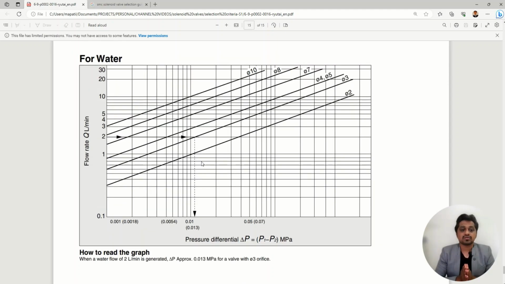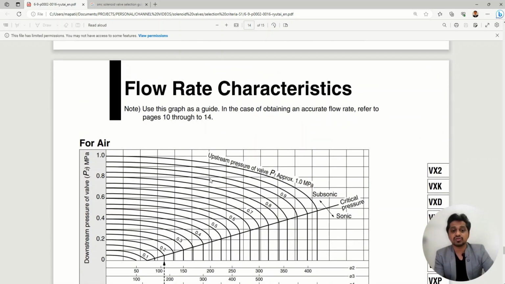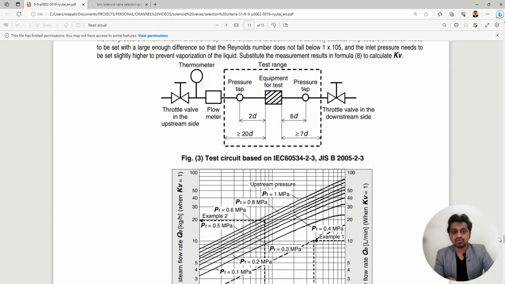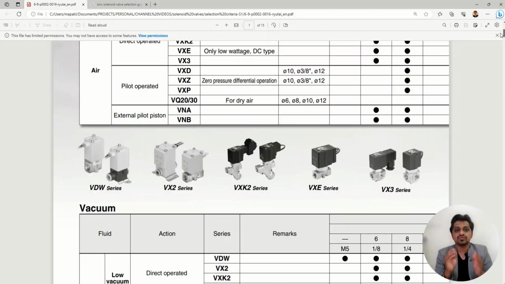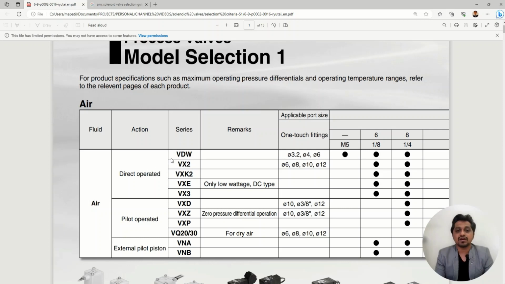This is for water. They have also mentioned how to read the graph. All these things are mentioned over here, and these graphs can also be helpful. So you can check out this PDF. I will drop a link into the comment section. This is one of the summarized PDFs available for the selection.